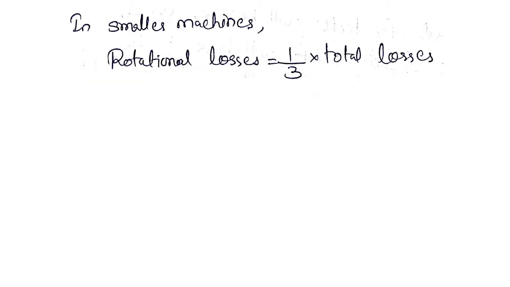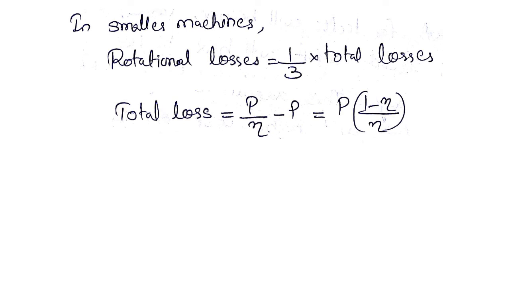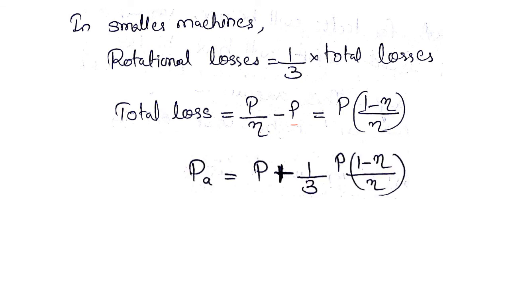In the case of small machines, rotational losses is equal to 1/3 of total losses. And the calculations are similar to that of DC generator. Total loss is equal to input minus output. Input is equal to P by efficiency minus output power P. That is P into 1 minus efficiency divided by efficiency. And the value of PA is equal to P plus 1/3 of total losses.